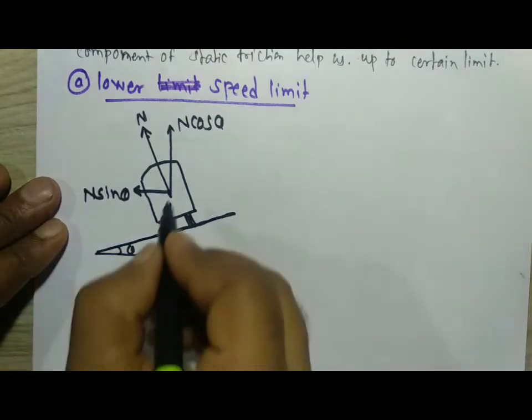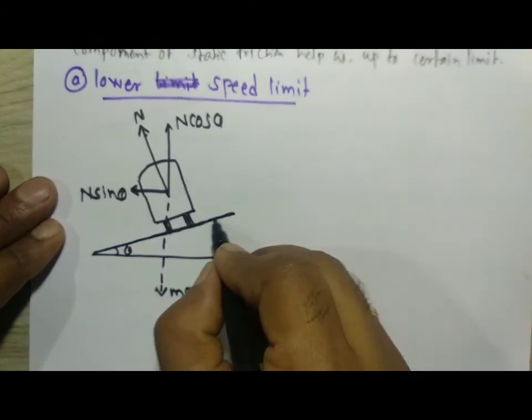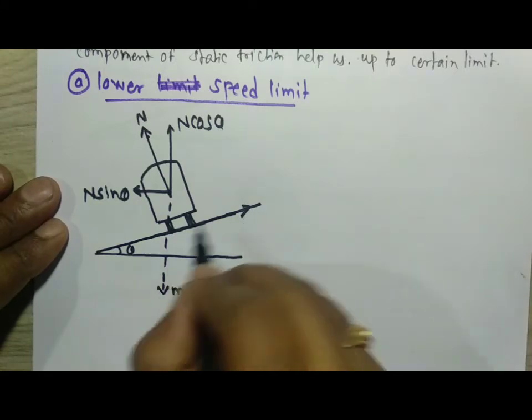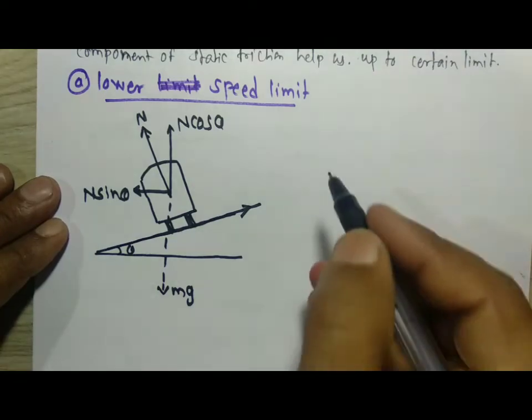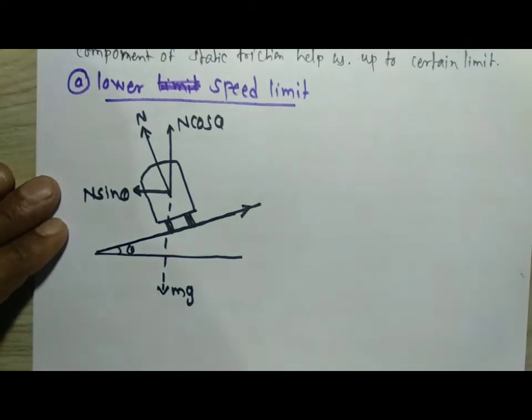Right now we are going with the friction force, which is acting along the inclined surface in the upward direction, and at that time we will get the speed limit.